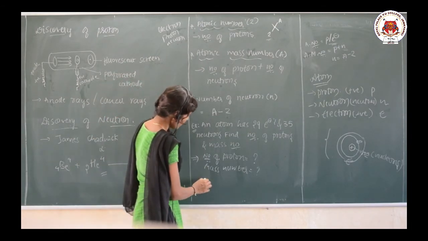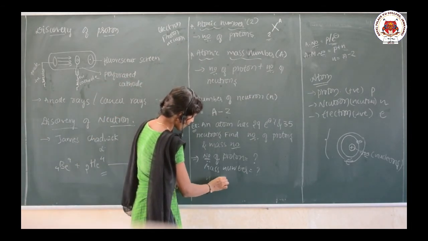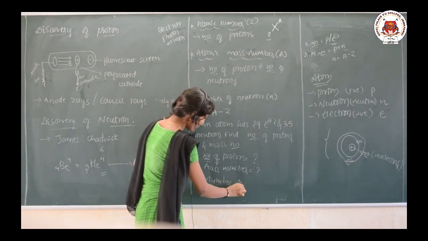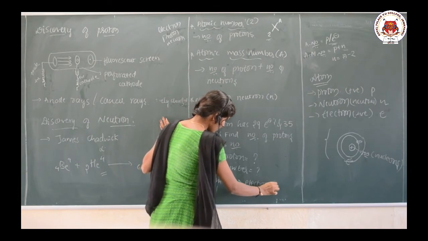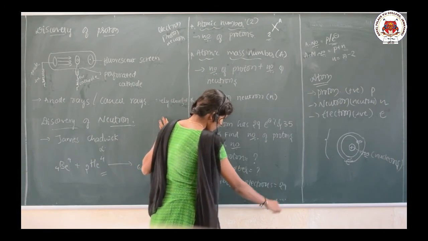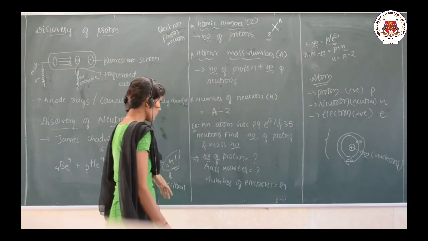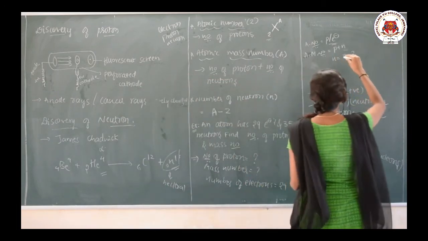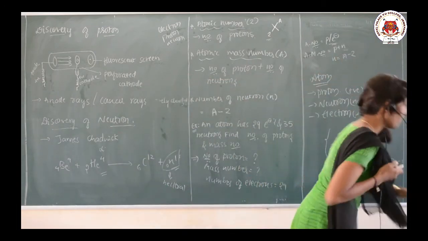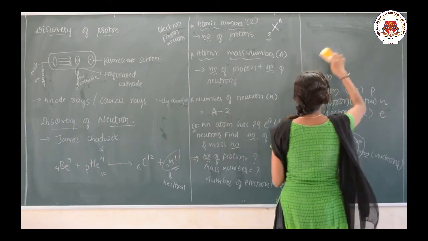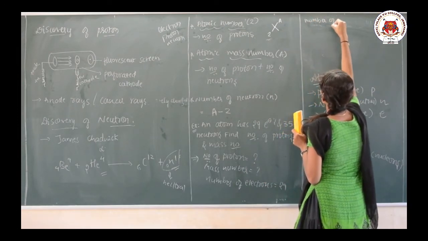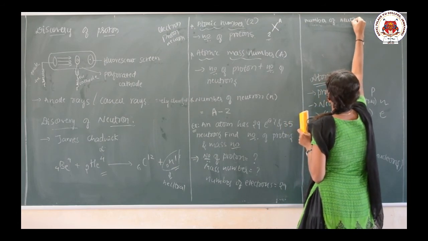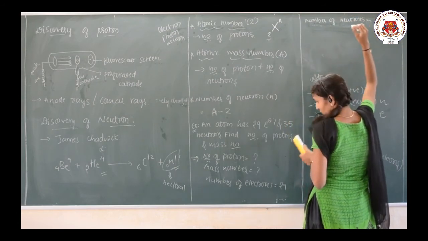So what have they given? Number of electrons, that is 29. And one more thing, what have they given? Number of neutrons. What is the number of neutrons?